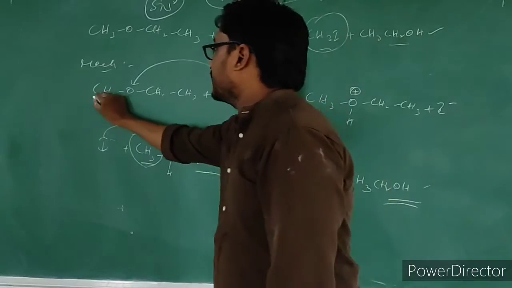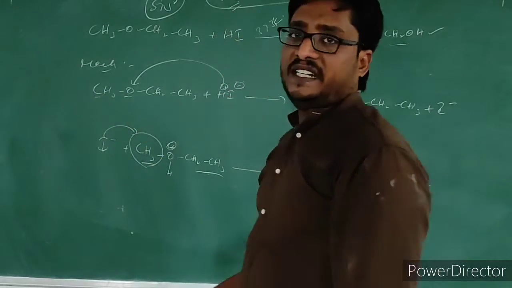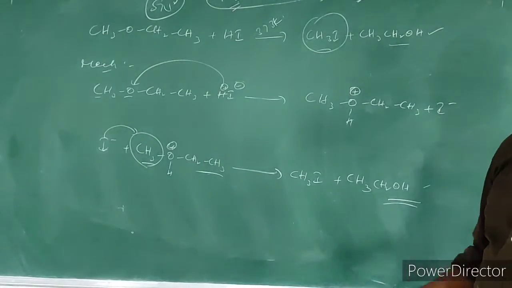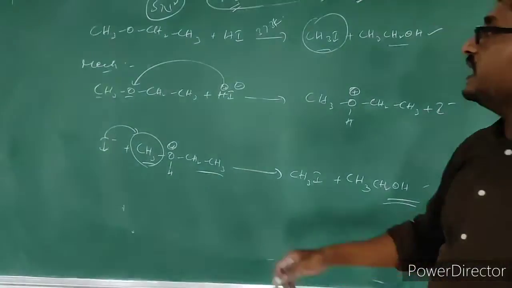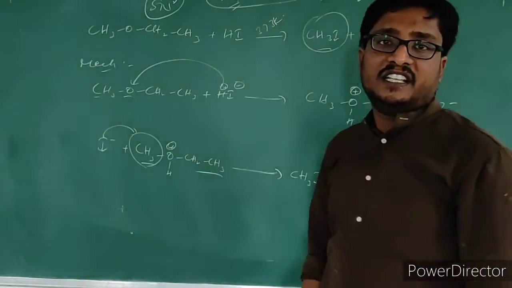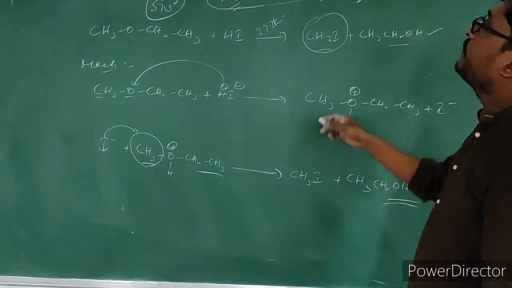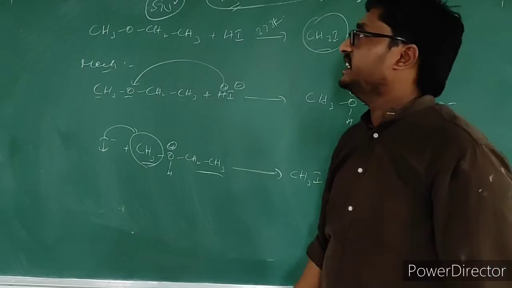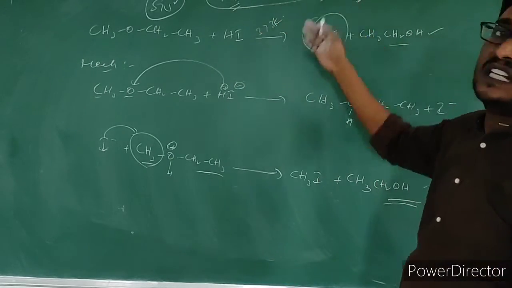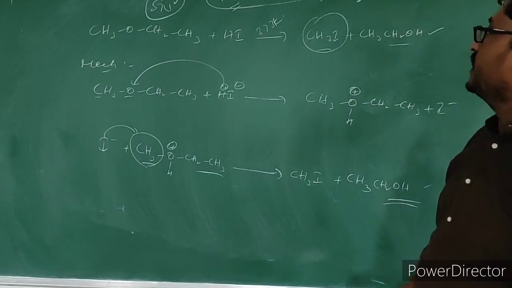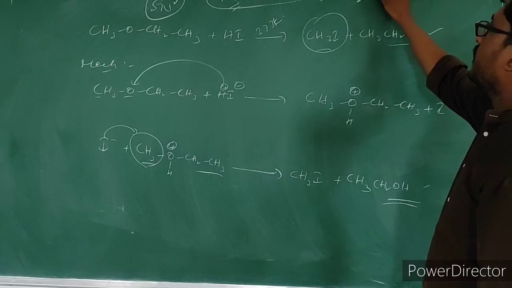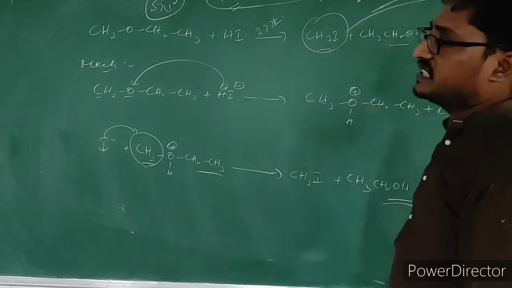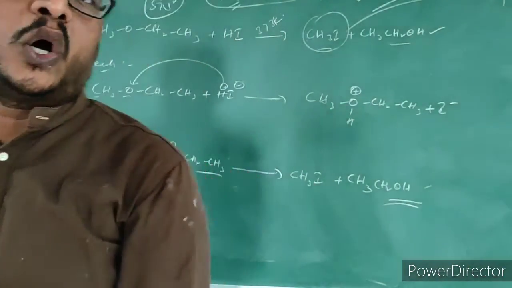The carbon oxygen bond present here can be cleaved more easily by a stronger nucleophile. That is why the reactivity of hydrogen halides towards ethers is HI greater than HBr greater than HCl. The nucleophilicity order is I minus greater than Br minus greater than Cl minus.